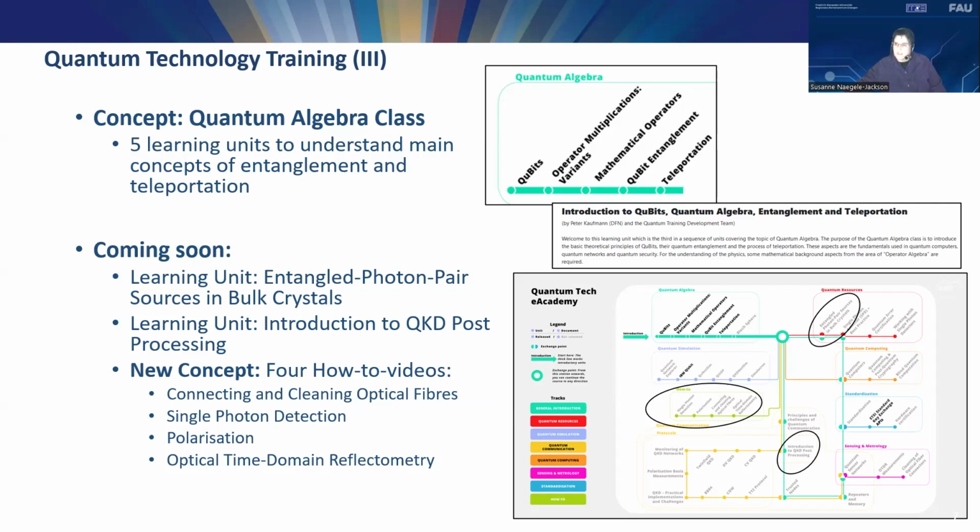You will see a short video ranging from 5 minutes to maybe 15 minutes, and it's somebody in a lab, in our case at CESNet, explaining, for example, how to connect and clean optical fibers, or how to work with optical time domain reflectometry. So this is especially for NRENs or people who want to work in the lab and want to see some hands-on training. So this will be coming soon as a light green line, probably.